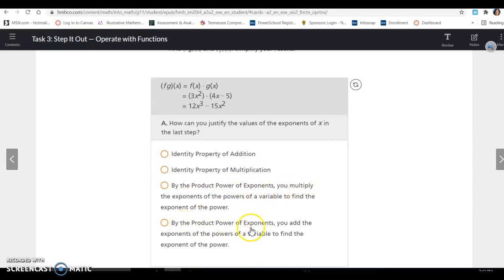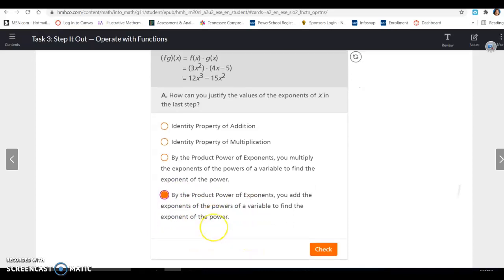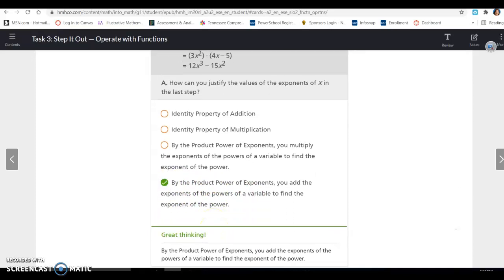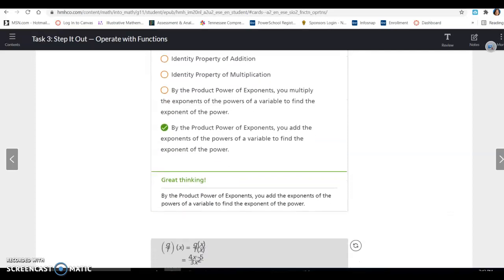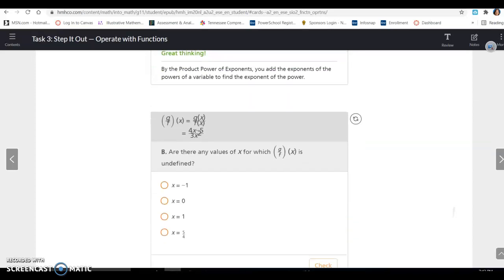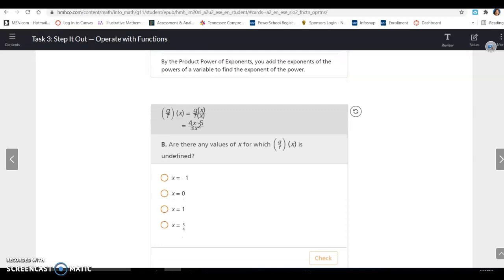If you have the same base, you add the exponents to find the exponent power. So the last answer there is the correct one. That's just properties of exponents, which you did last year in Math 2.